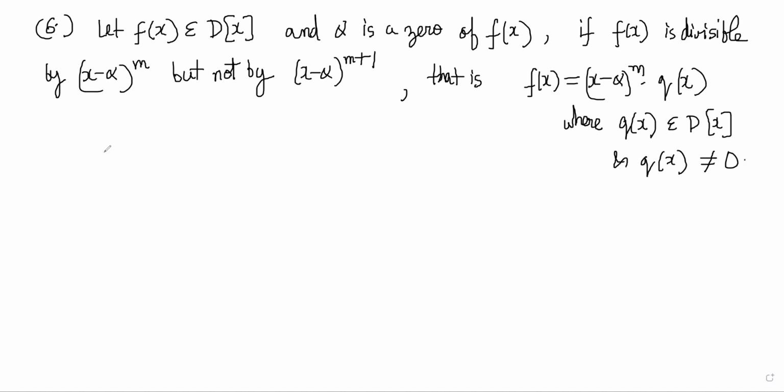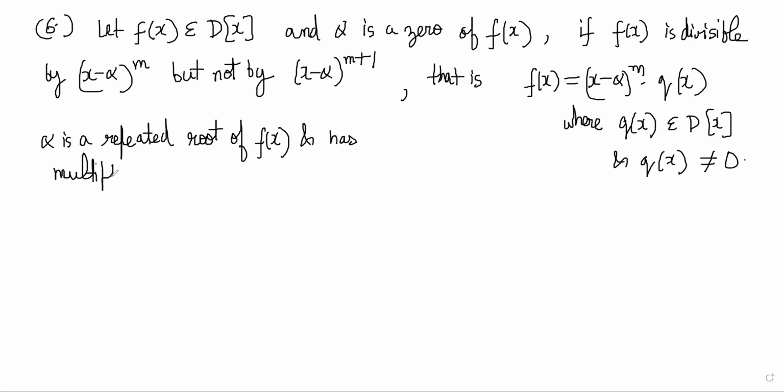In that case, we say alpha is a repeated root of f(x), and has multiplicity m. So it is repeated m times.